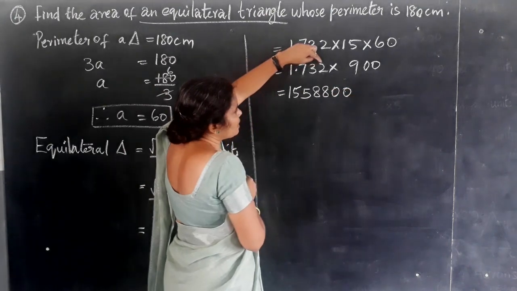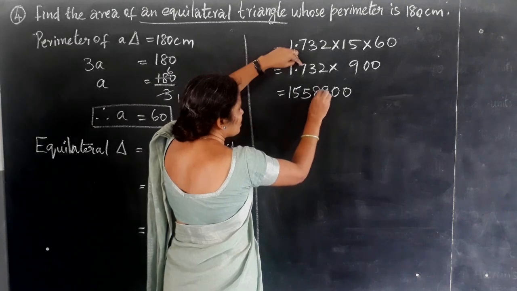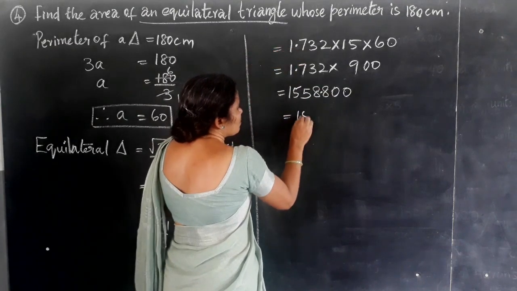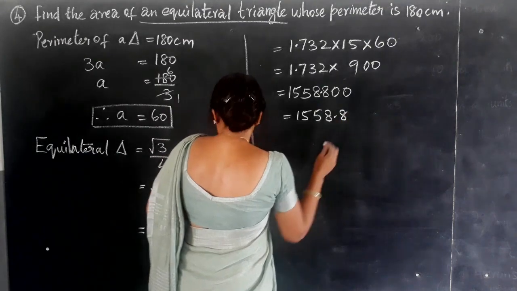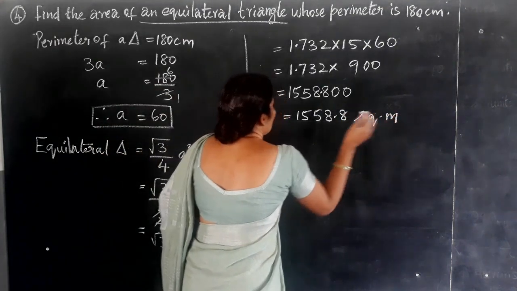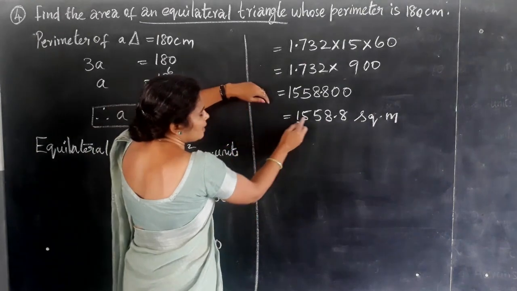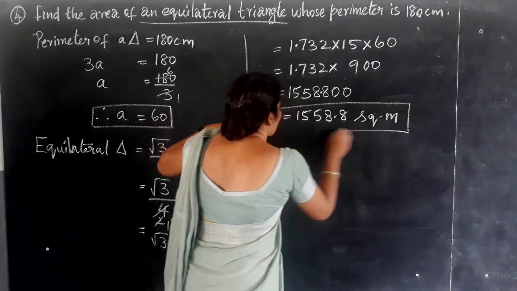And here we have decimals 1 2 3. Okay. So area of the equilateral triangle is 1558.8 square meter.